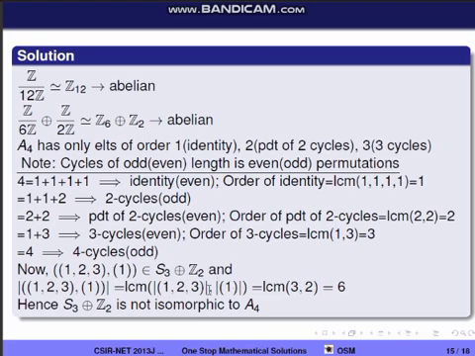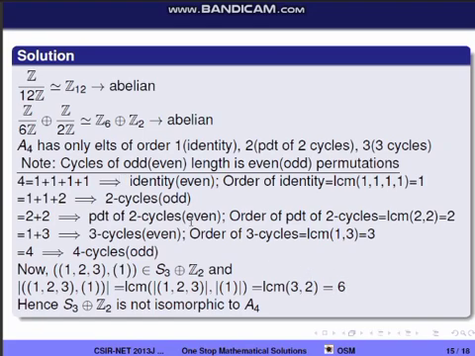We know this is a 3 cycle, so its order will be 3 in S3. So that is LCM of 3, comma. The order of 1 in Z2 is 2 because when we add 1 two times only, then we'll get the identity element. So this is equal to LCM of 3, 2. So we'll get this as 6.